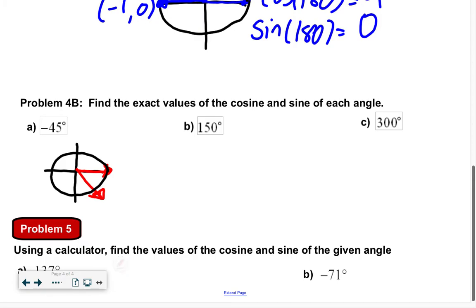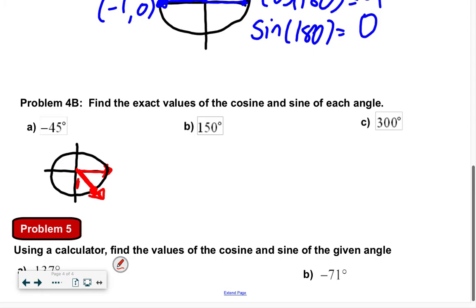And I know where it intercepts. What is this length? It's the radius of a circle, right? My radius of a unit circle is always 1. Okay.